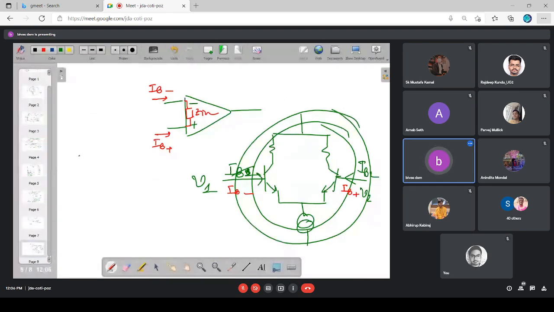Now, we are defining two terms. One is the input bias current, IB. What is IB? Now, IB is the average of these two. And another term we are defining, input offset current. That is the magnitude of the difference.